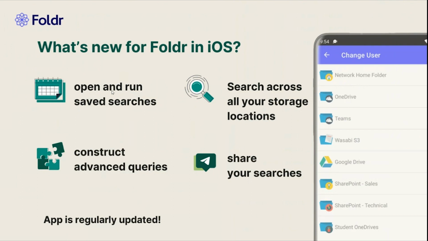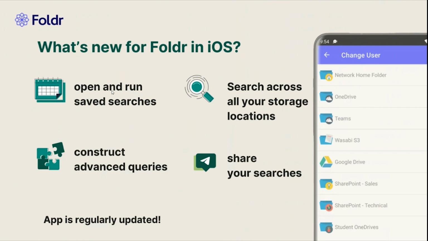You can search across your storage locations. You can construct advanced queries and save and share your searches all from the same app. Foldr regularly release app updates to bring you the latest features and improvements, as well as squash the occasional bug. So make sure that you stay up to date to ensure that you too can experience file zen.